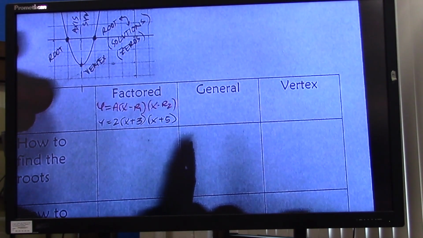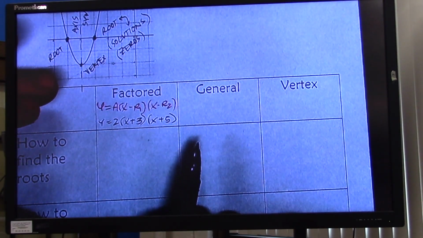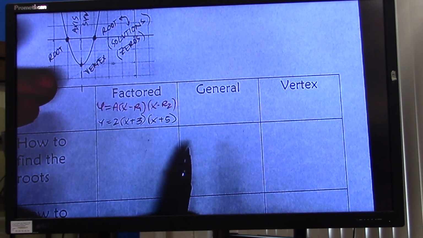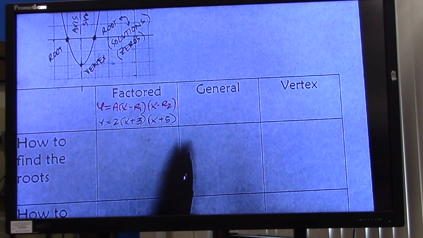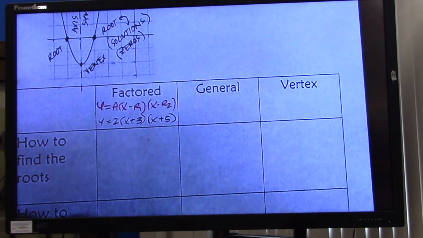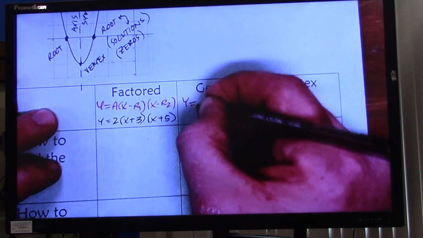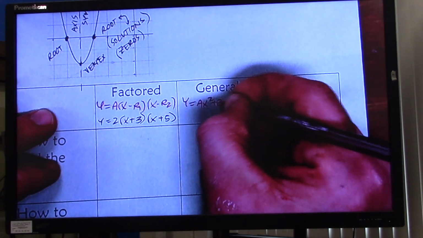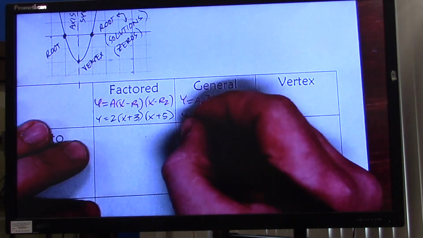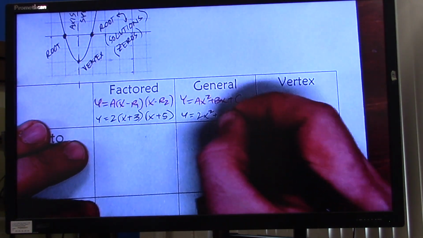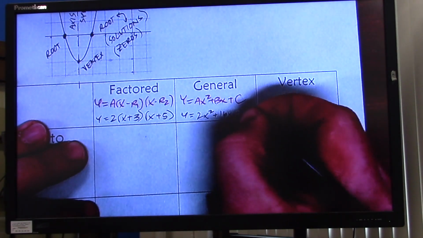Okay, general form. If I say that word, how many parentheses does that have? Should be visualizing here. Well, that doesn't have any. That's the one that goes ax squared plus bx plus c. Specific to our problem, 2x squared plus 16x plus 30.